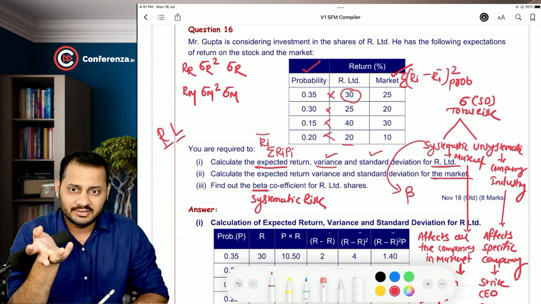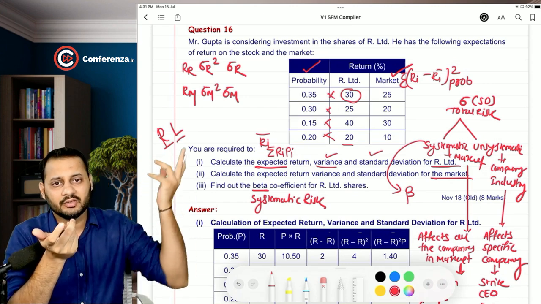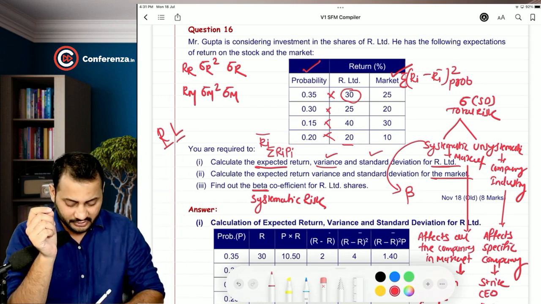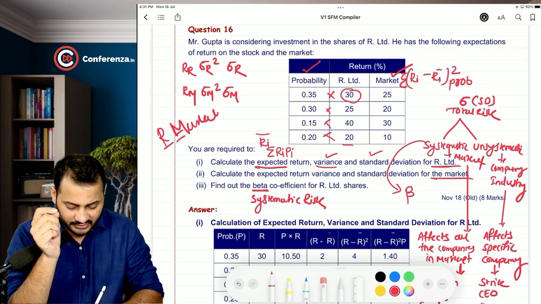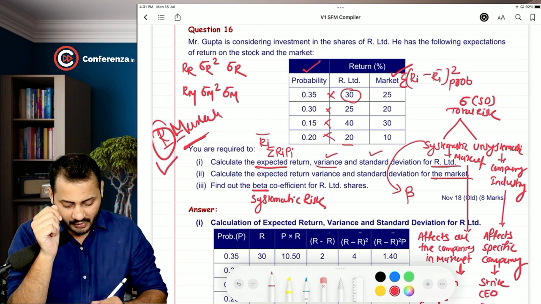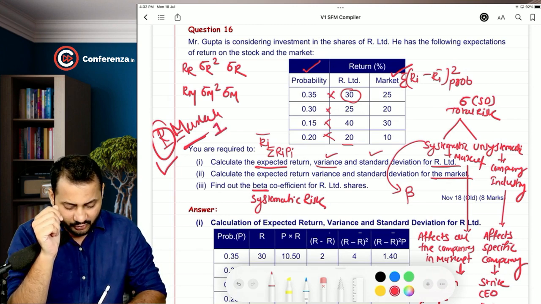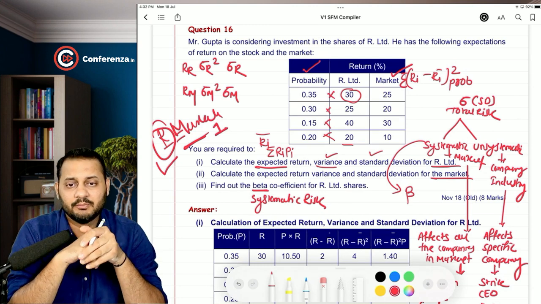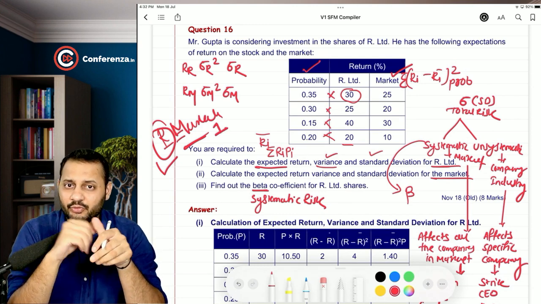Obviously, mathematics is there, you can apply it on any figure no matter what the company is, but logically, beta is always calculated for a company R as against the market. So market beta is deemed to be 1 always. The market beta is assumed to be 1.